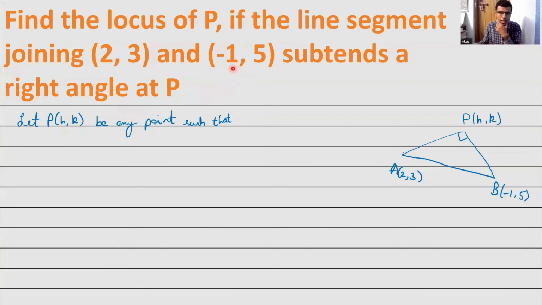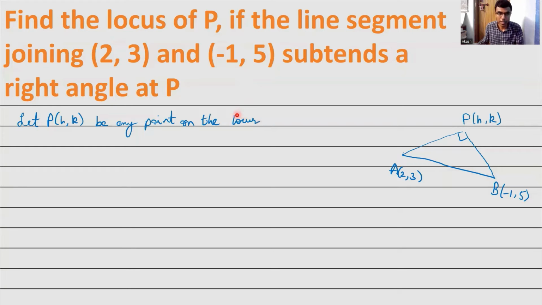Okay, no need to write so much. In this question, it would be easier like that. Let P h comma k be any point on the locus. That much should suffice.